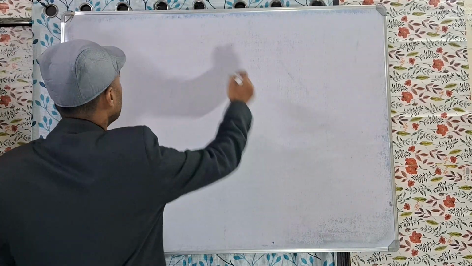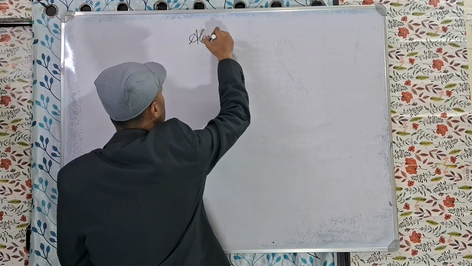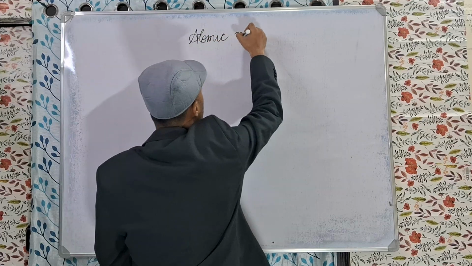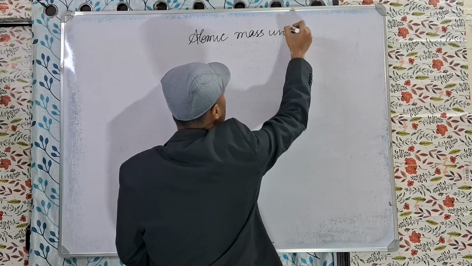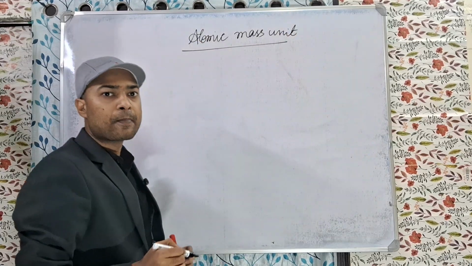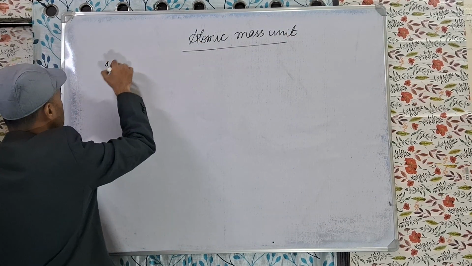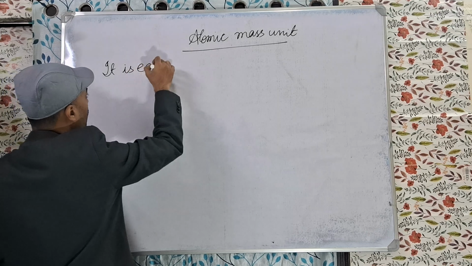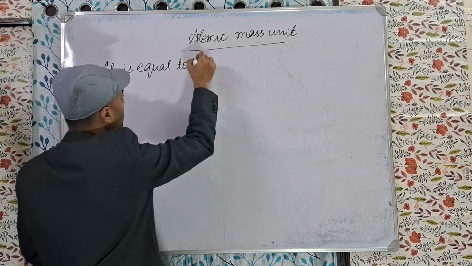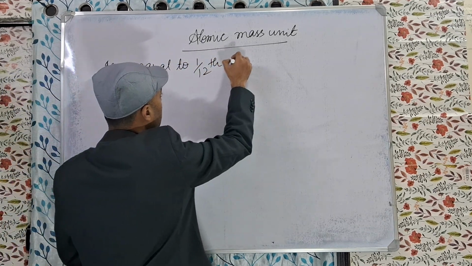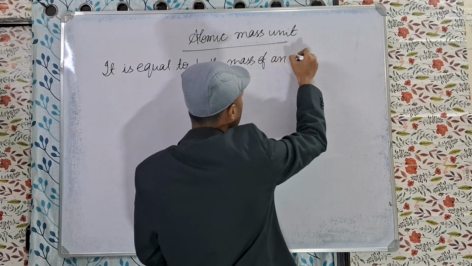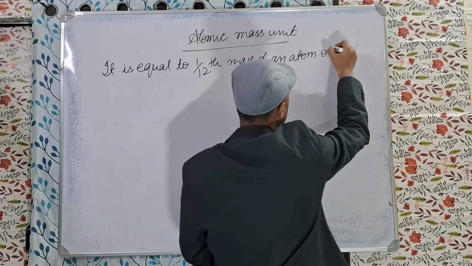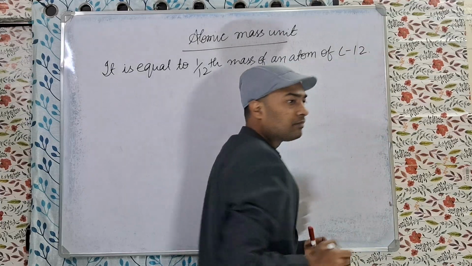Let us write it down. Atomic mass unit. As we said, it is equal to 1/12 the mass of an atom of carbon 12.